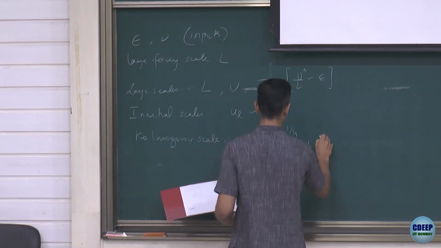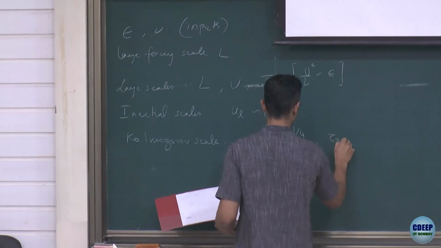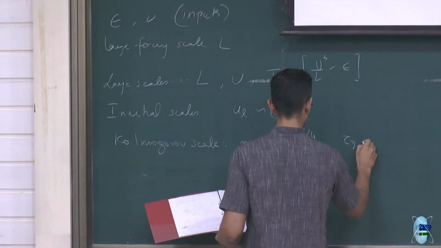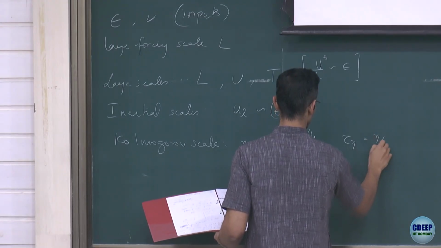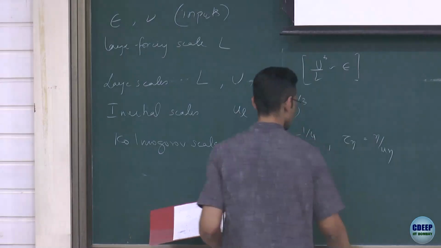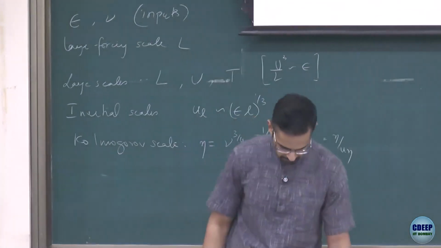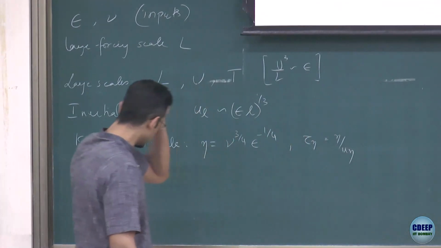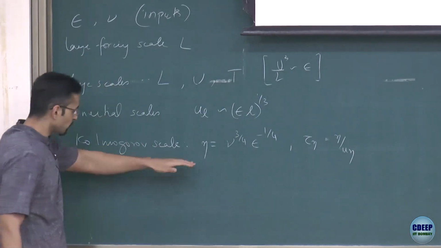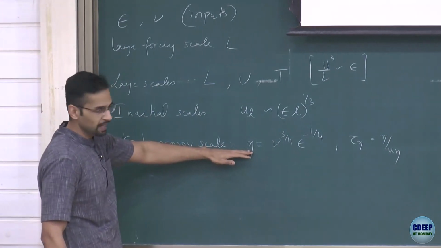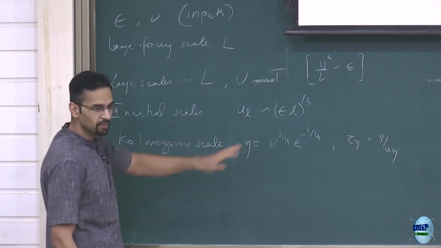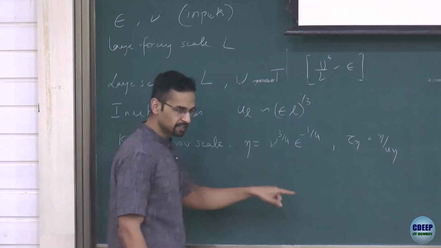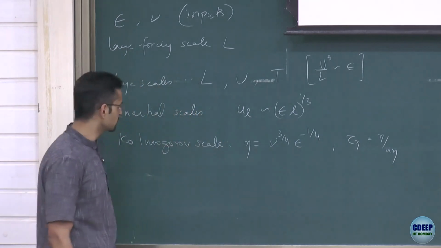And corresponding to that, there is of course a tau eta. And those things also you can calculate as we did in the last class. So the important thing is this sets the length scale at which I first start seeing the effects of dissipation. At this scale, the effective scale-dependent Reynolds number is 1. We saw this in the last class.